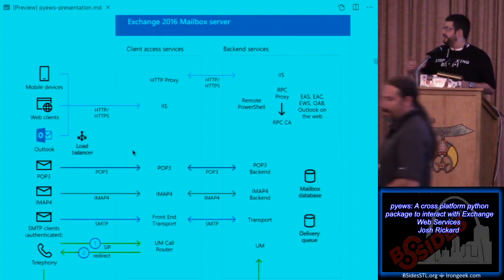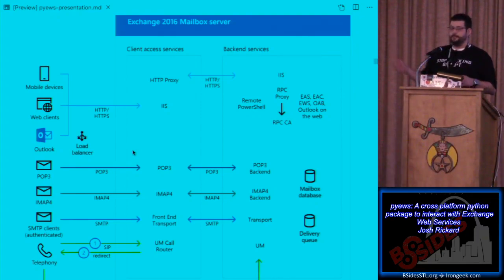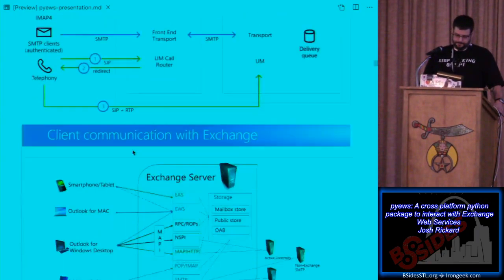And they'll connect to an IIS server, which then proxies back to the actual HTTPS service of SOAP. The SOAP, or EWS, connects to the mailbox database. So this is like a wrapper for accessing the mailboxes and all the data within those mailboxes. And you have some delivery queues and some other stuff.